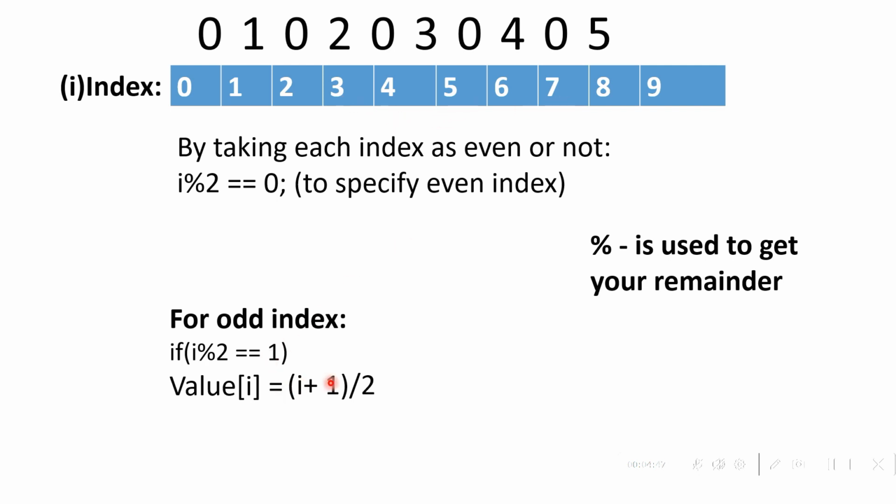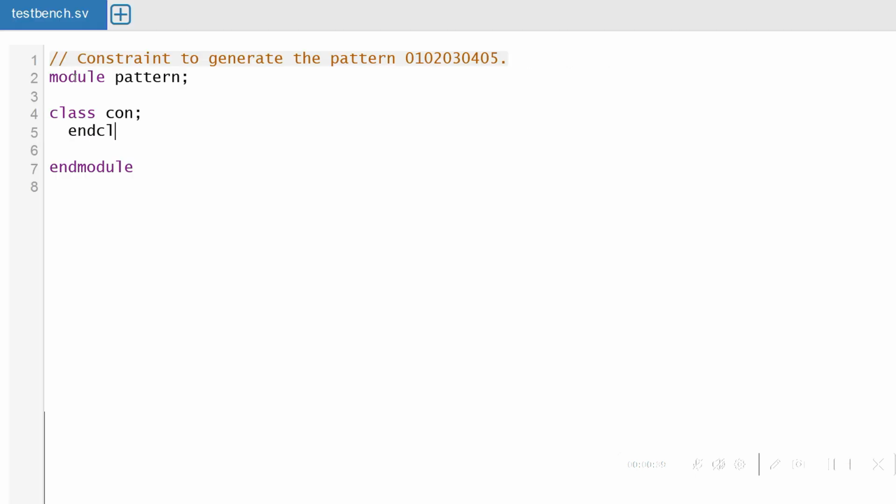Now consider another odd index, maybe 7. 7 + 1 is 8, and 8 divided by 2 is 4. Now 9 + 1 divided by 2: 10 by 2 is 5. So totally your odd and even indexes and their corresponding values have been acquired. Now let's move on to the code.